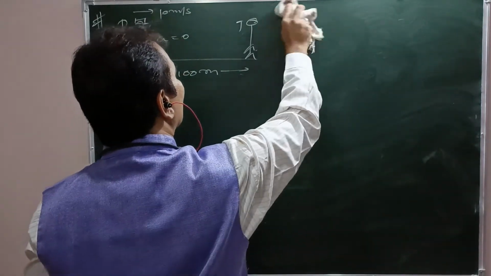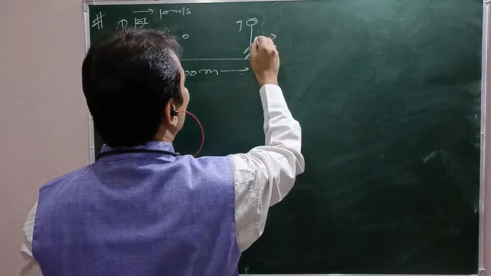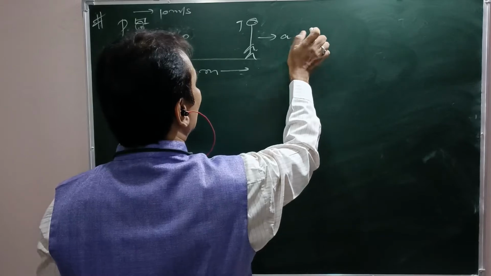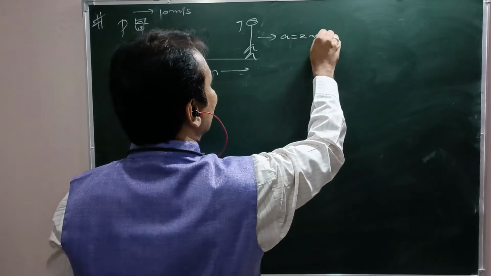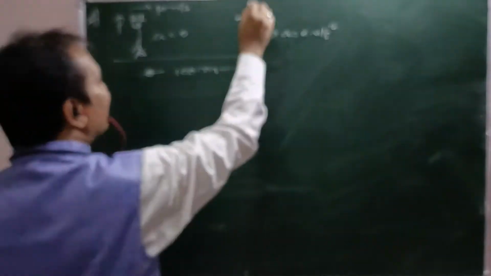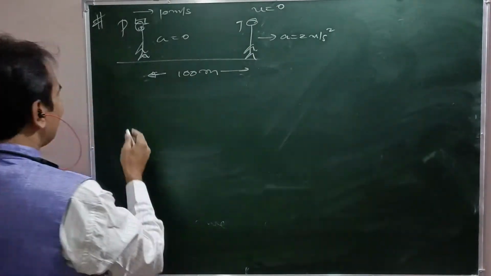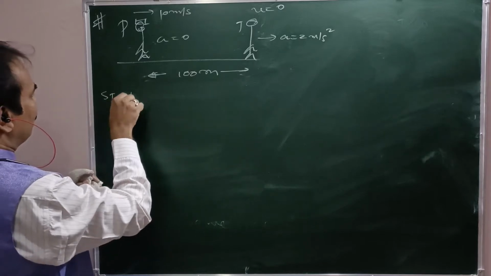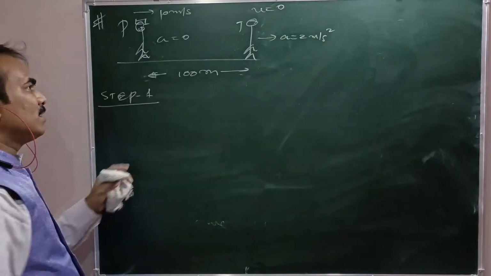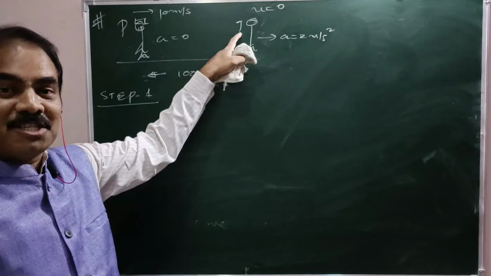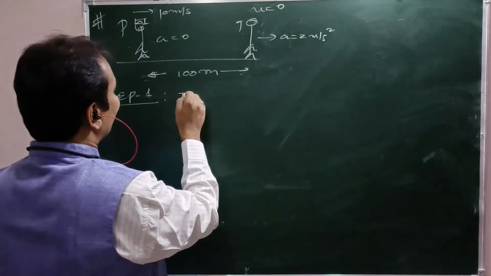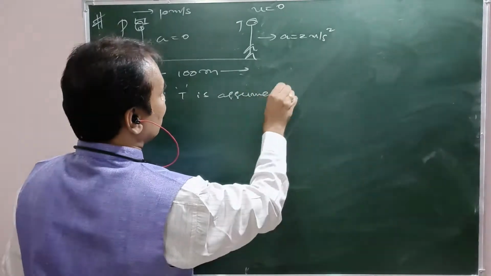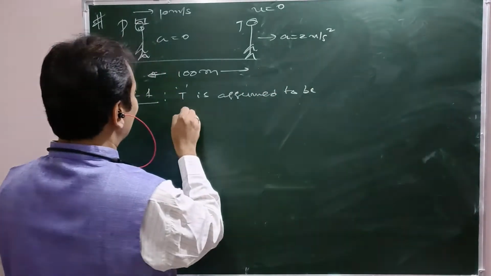Right. Of course, what is the acceleration of thief here? Acceleration equal to 2 meters per second square. Right. Initial velocity 0. Here, what are the steps? Step 1. Thief is assumed to be stationary.